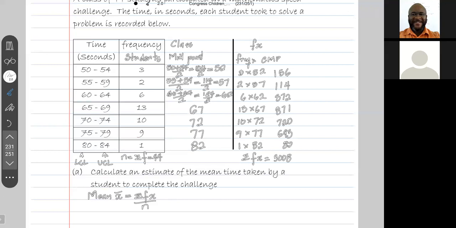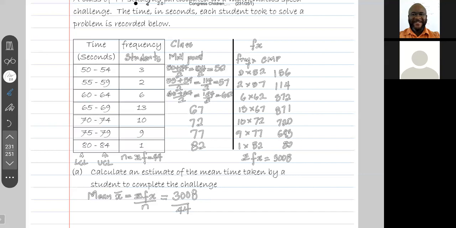So the sum of fx is 3008, divided by the number of students, which is 44. So the mean or the average time is 3008 divided by 44.